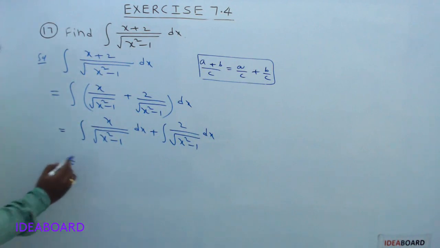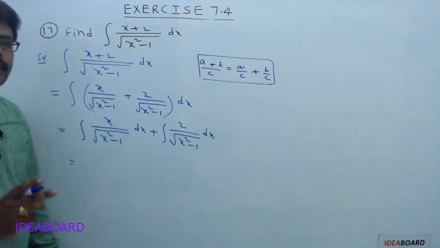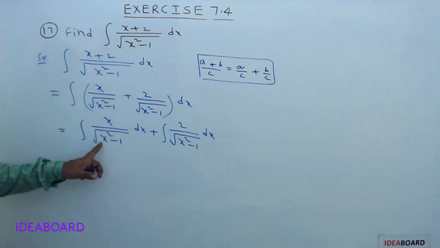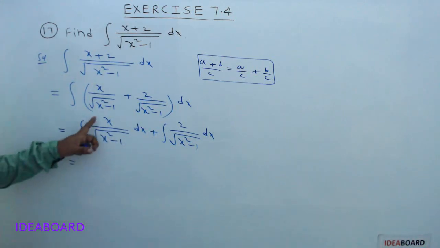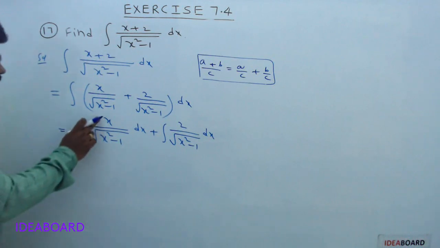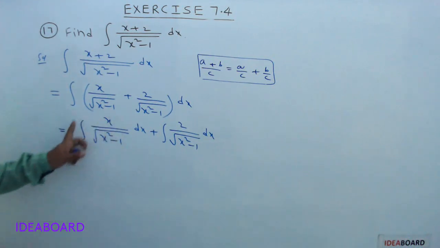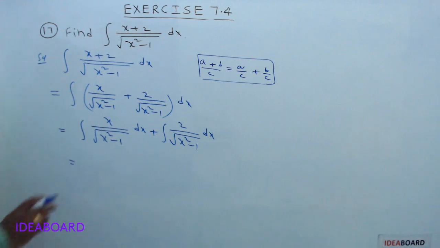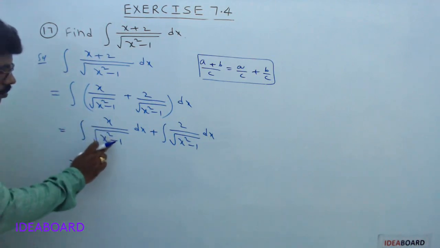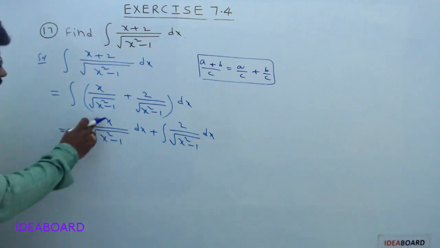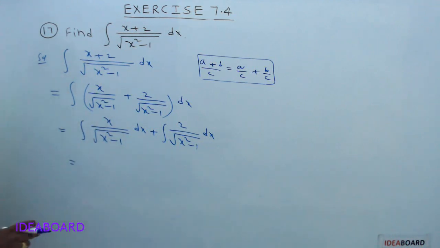Now, what is the derivative of x² − 1? It is 2x. But here 2 is not there in the numerator. So to convert this expression into the form f'(x) divided by root f(x), I am going to multiply and divide by 2.